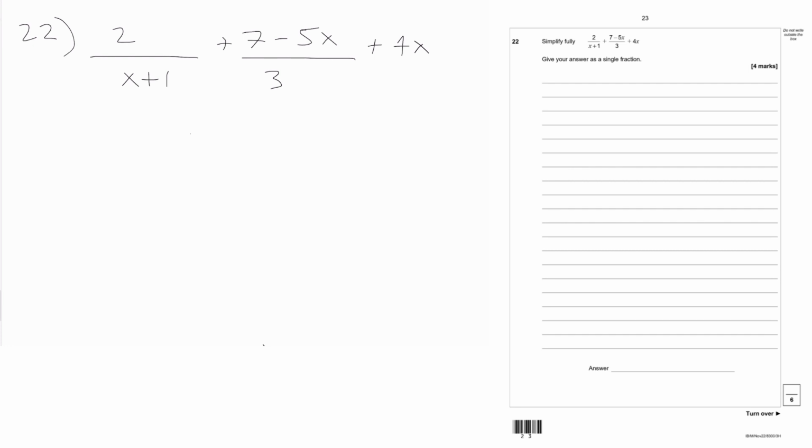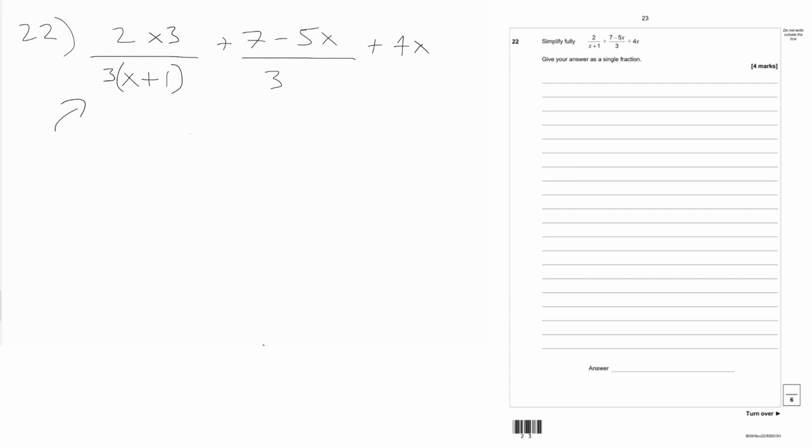Now, for this to be the case, let's start with our first term, which is here. If we want the denominator to be 3 times x plus 1, then we can simply multiply the top and the bottom by 3. And we can see that this is actually equivalent to what we had before, because we could just cancel out those 3's, because 3 over 3 is just 1, and we're left with the same fraction.